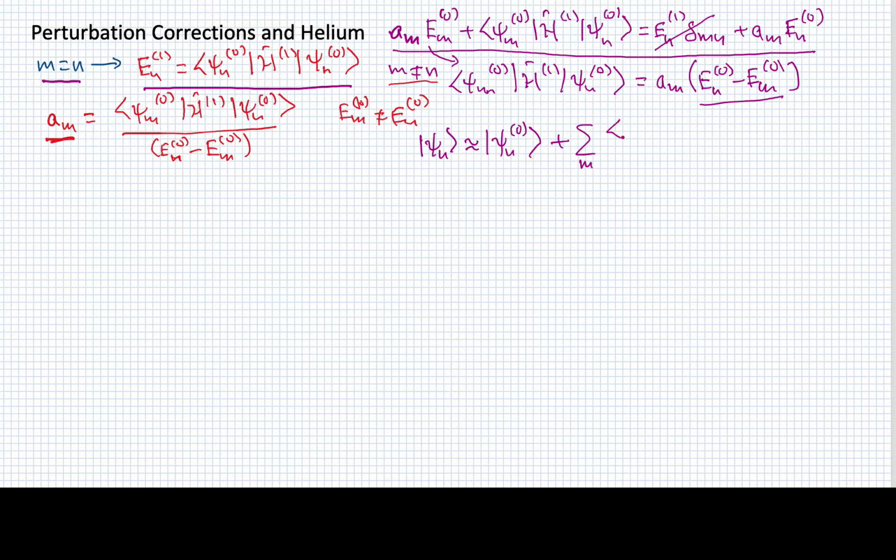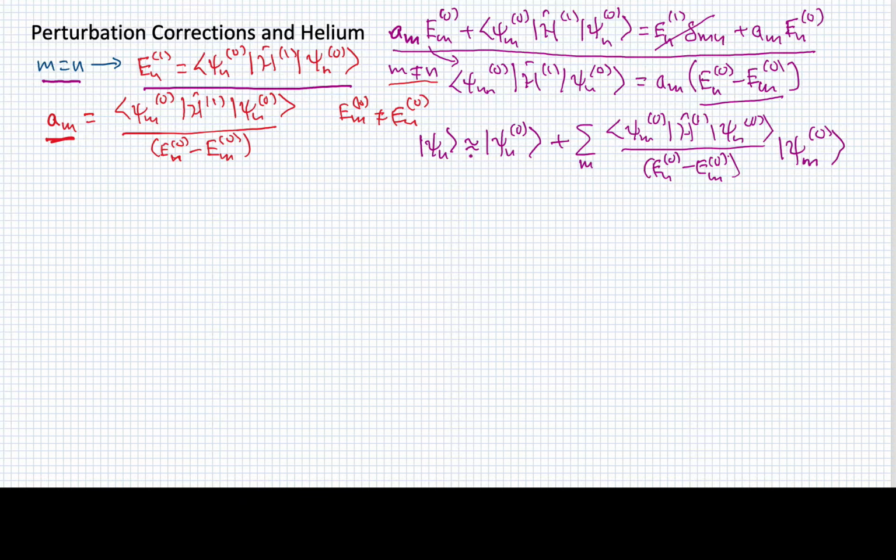So now I've got to put this term in here, divided by en 0 minus em 0 and times this function. All right, so this is how that first order corrected wave function would look.